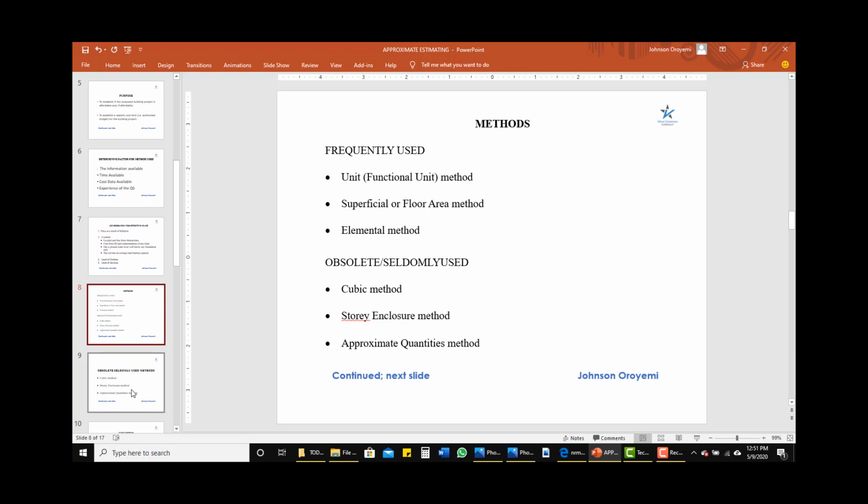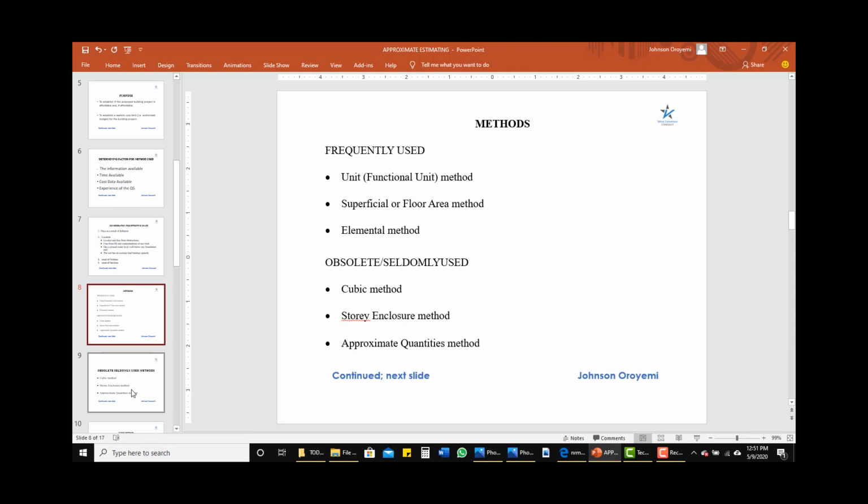Then another method that is frequently used is the superficial or floor area method. We will discuss each one of them in detail later. Then the last one that is frequently used is the elemental method.